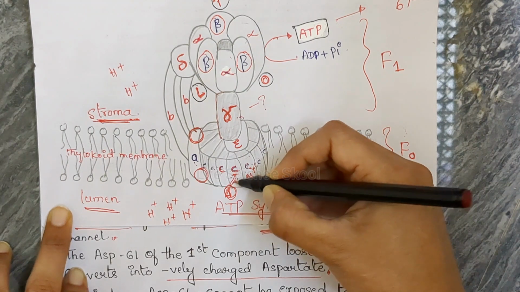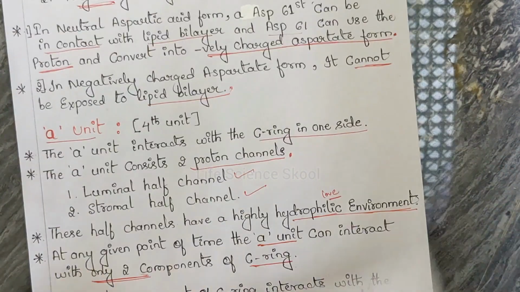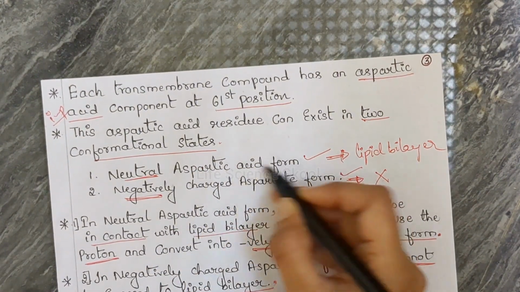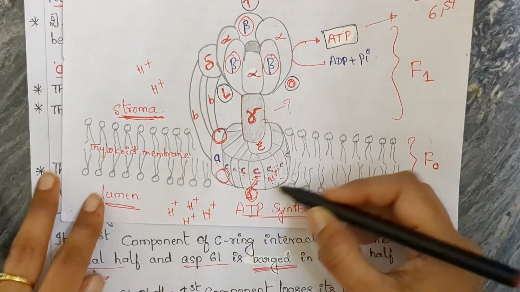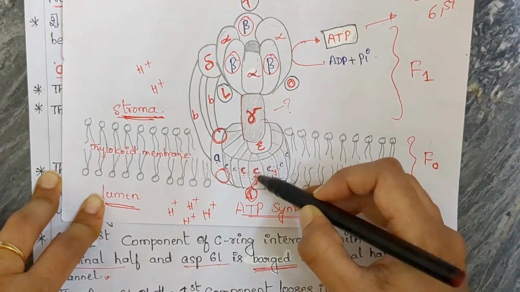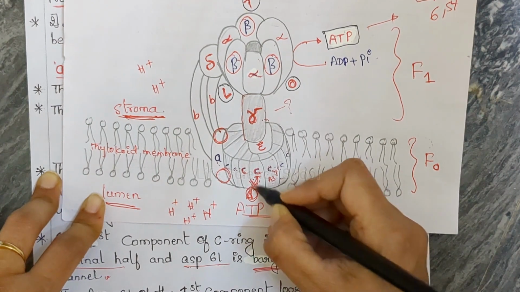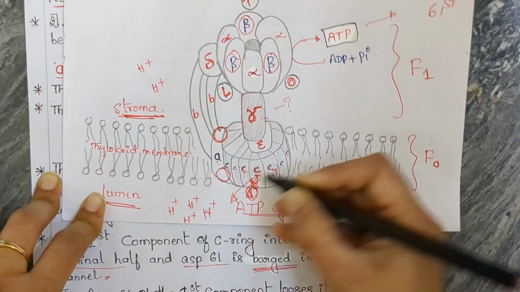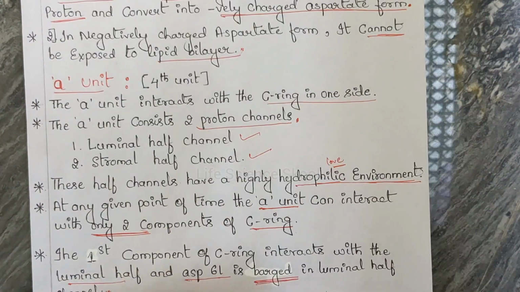In this form, aspartate cannot be exposed to the lipid bilayer, so it is going to release the proton into the lumen. Since it converted to negative, it closes, and it releases the proton to the luminal side.